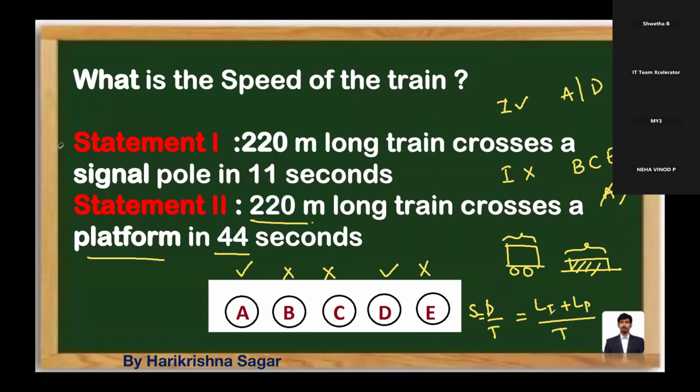But if you observe here, the train length is given in the question, but the platform length is not there. So we need 3 parameters to get the speed, right? Because it is not there, it is not going to give your answer. Because it is not giving the answer, you eliminate option D and mark the answer as option A.